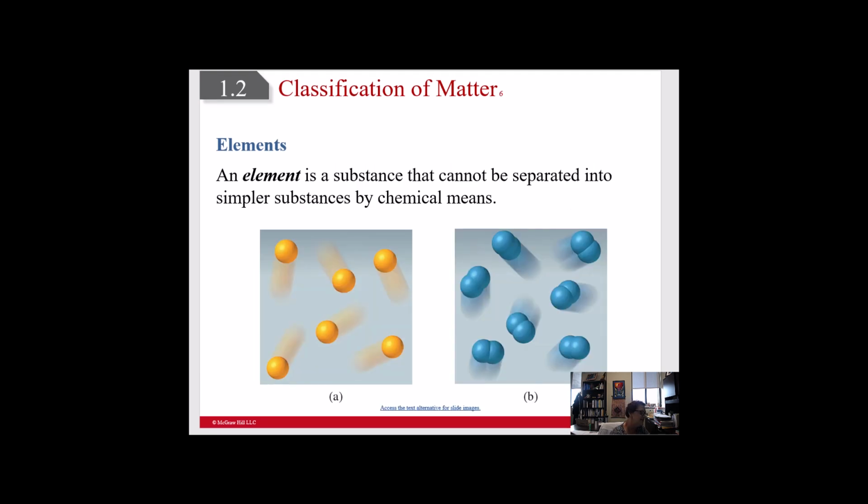So as I said, an element is a substance that can't be separated chemically into simpler things. So it's as simple as it's going to get. And it could either be a single atom as an element, for example, neon, or it could be something that is in a gas form that is found in nature hooked to itself, okay? And so that binary situation, such as hydrogen gas, it exists as H2, so its elemental form is H2.